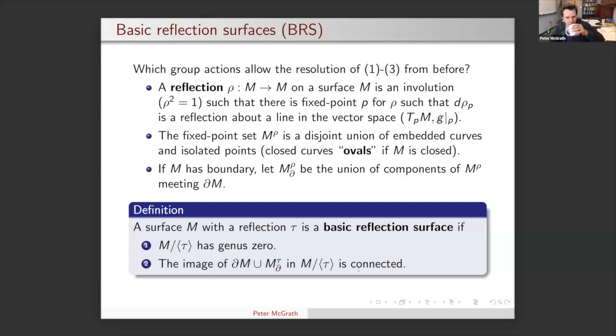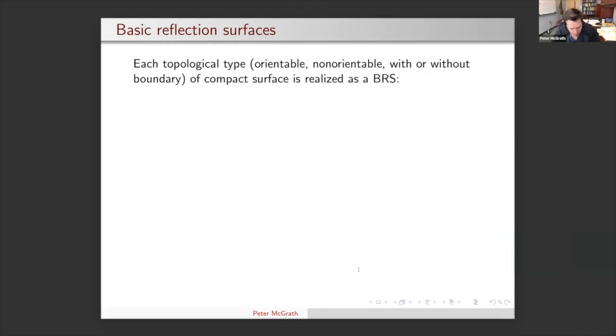Okay, so for the next couple of slides, I'd like to tell you a bit more about basic reflection surfaces, this simple class of surfaces with symmetry. And so a very simple observation to begin with is simply that each topological type, and we can have different worlds in which we sit, but in each case, whether we're considering orientable, non-orientable, surfaces with boundary, surfaces without boundary, each topological type is realized as a basic reflection surface.